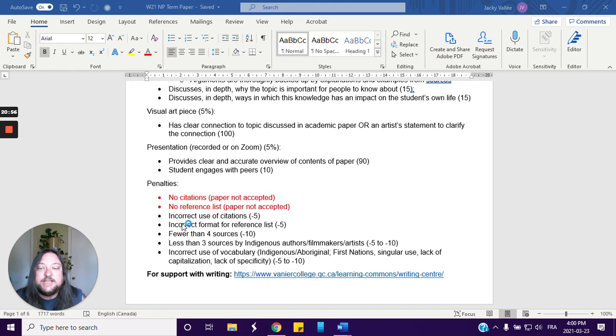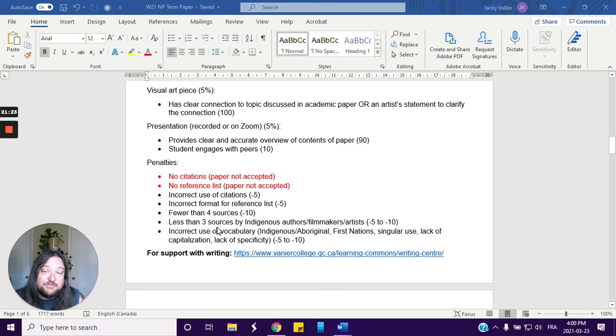If you use citations and the reference list but make mistakes and don't follow APA format, there will be a range of penalties. If it's just a couple of mistakes, maybe 1 point. If I can tell you didn't even look at the guides, then you might lose a lot of points. If you don't have the full 4 sources that are required, up to 10 points can be lost there.